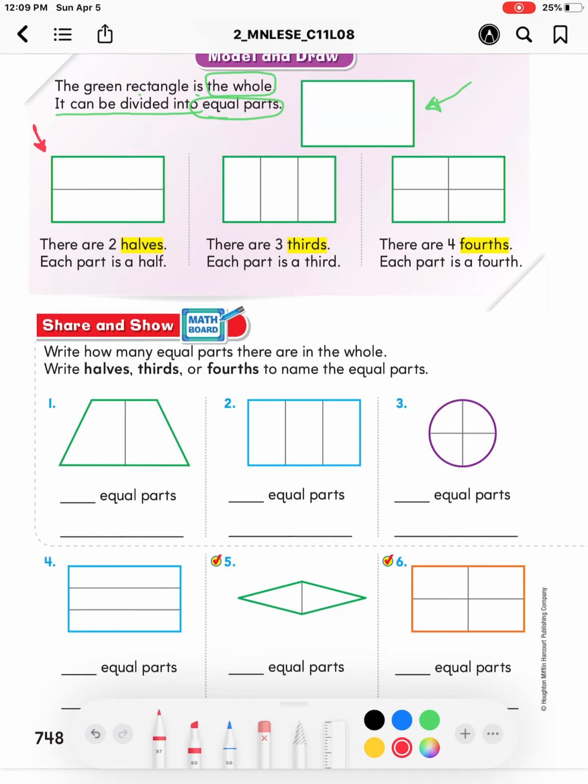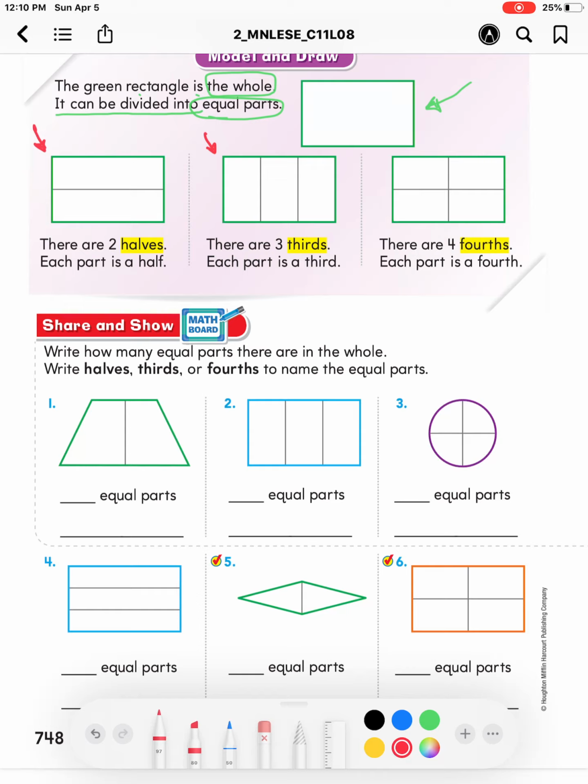Now let's move to the next one. Here this shape is a rectangle, and we divided it into three equal parts, which means we have 3/3. So when we divide any shape into three parts, it means we have thirds, okay?